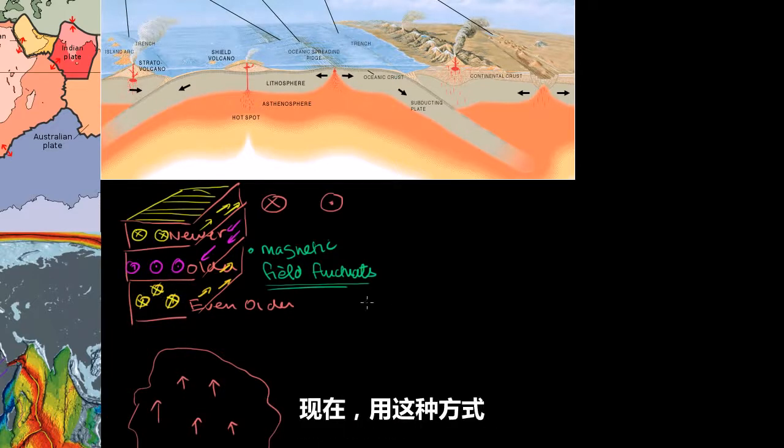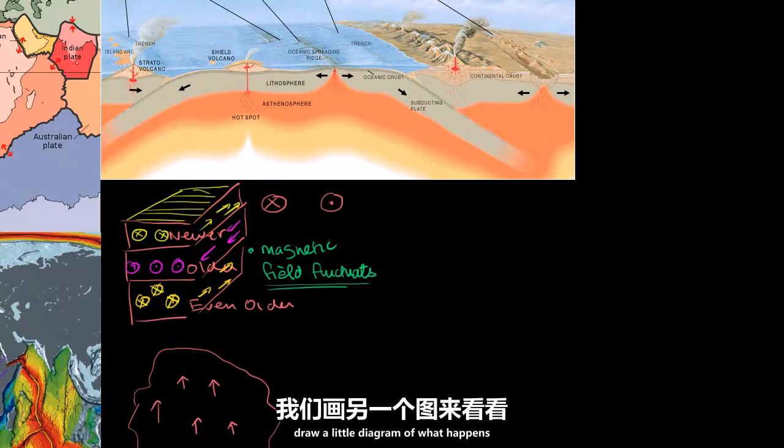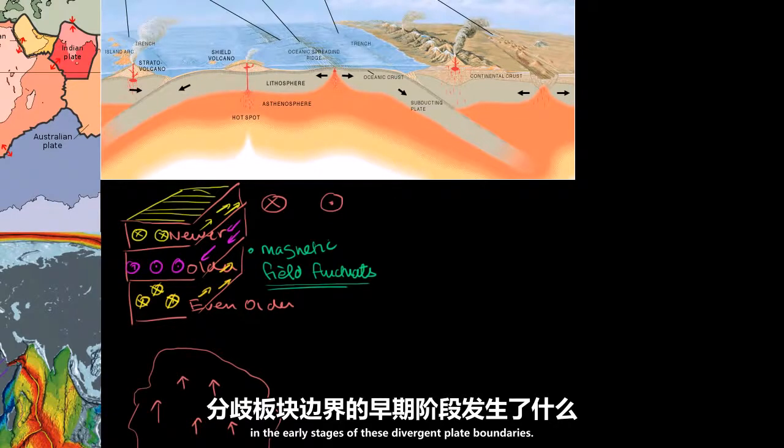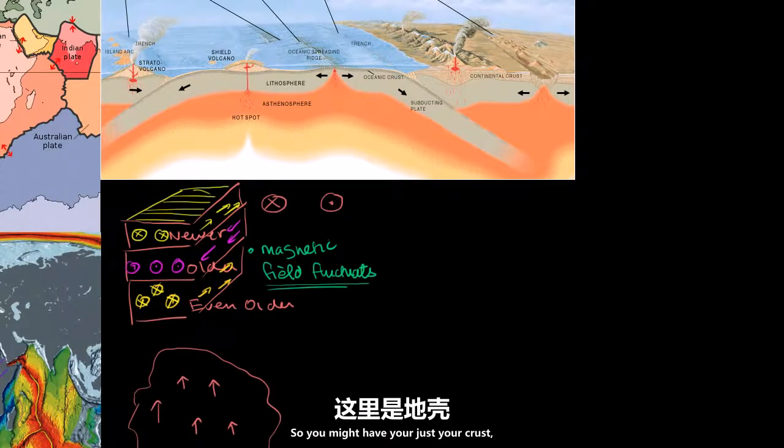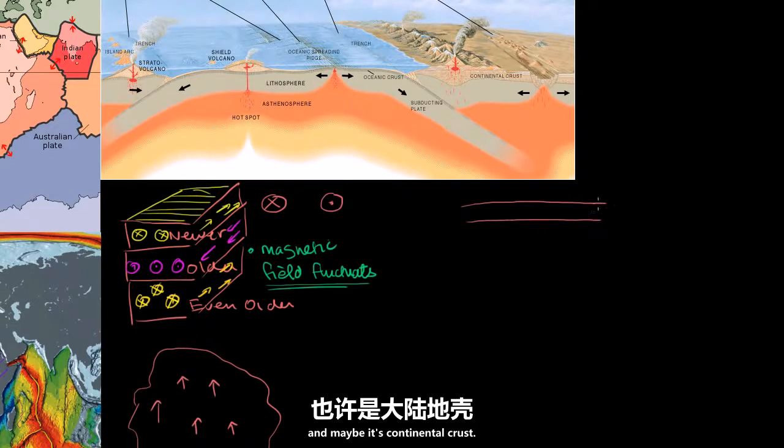Now, with that out of the way, let's draw a little diagram of what happens at the early stages of these divergent plate boundaries. So you might have here just your crust. And maybe it's continental crust. So this right here is the Earth's crust.